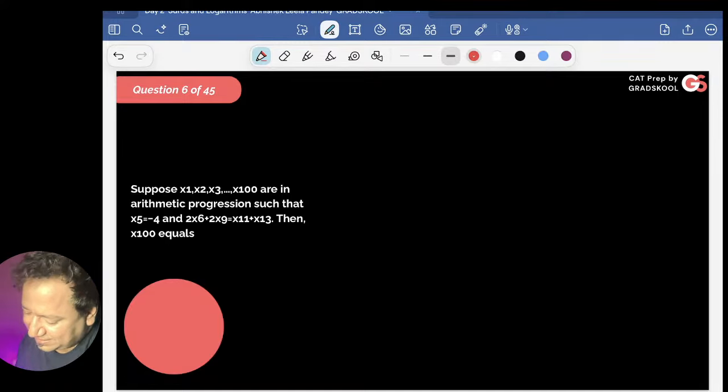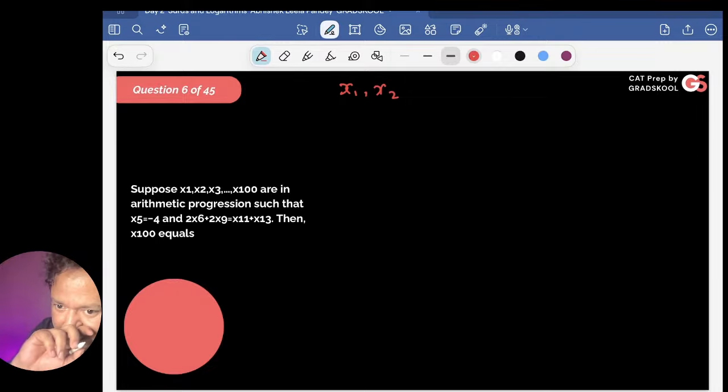लेट्स डू दिस वन. दिस इज x1. ठीक से लिख देता हूँ एक बार इसको. x1, x2, x3, and so on till x100 are in AP such that x5 is given as -4.